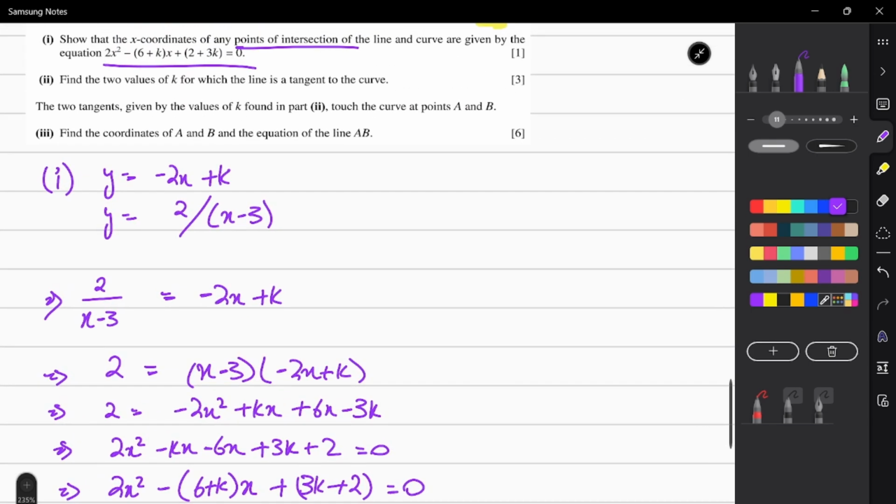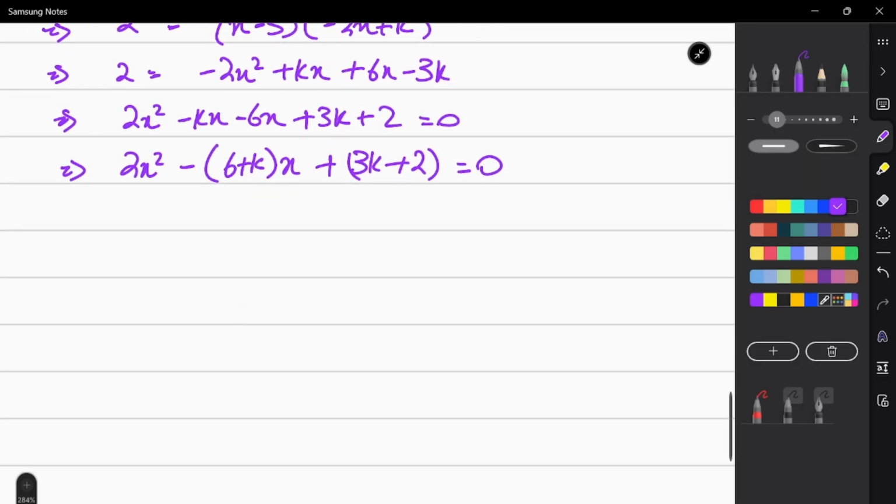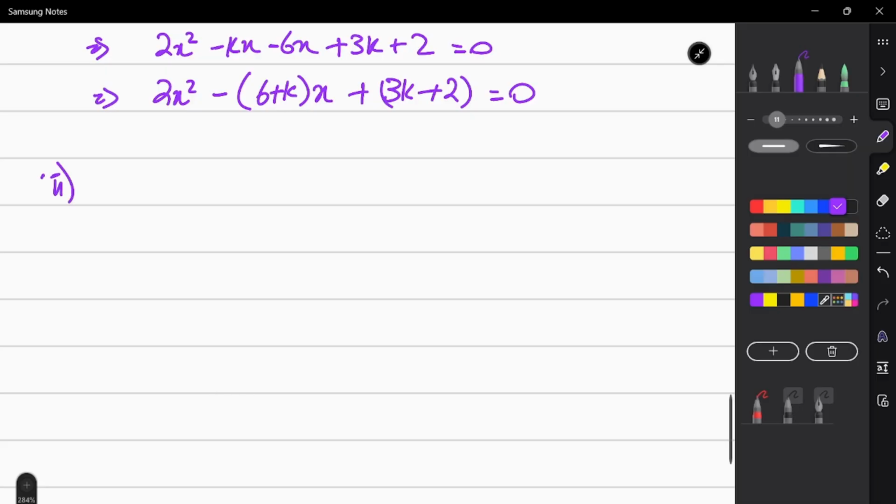Next part says find the two values of k for which the line is a tangent to the curve. Once again, b square minus 4ac is equal to 0. So let's do this. We're going to be using the same equation that we have over here now.